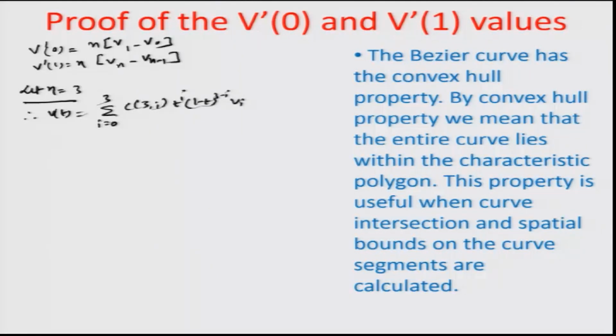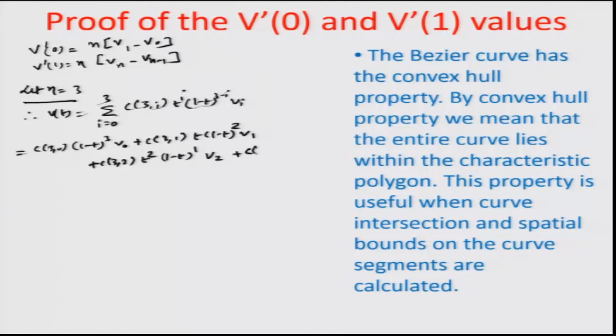If we substitute the various values of i, we can represent this as C(3,0) (1 minus t) to the power of 3 times V0, plus C(3,1) times t (1 minus t) to the power of 2 V1, plus C(3,2) times t squared (1 minus t) to the power of 1 V2, plus C(3,3) t to the power of 3 V3.